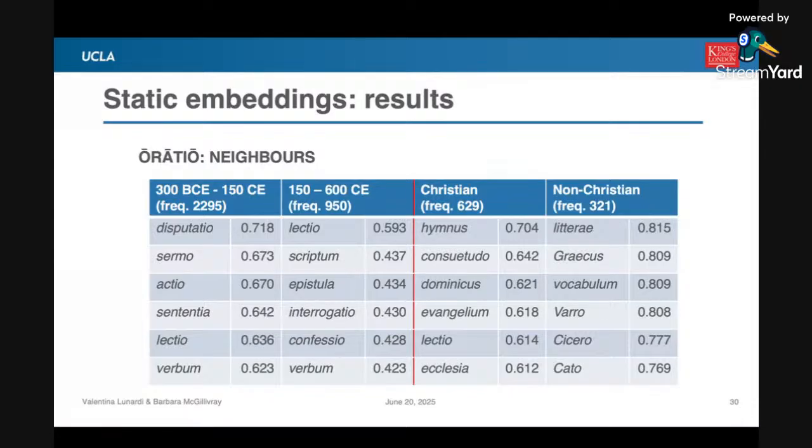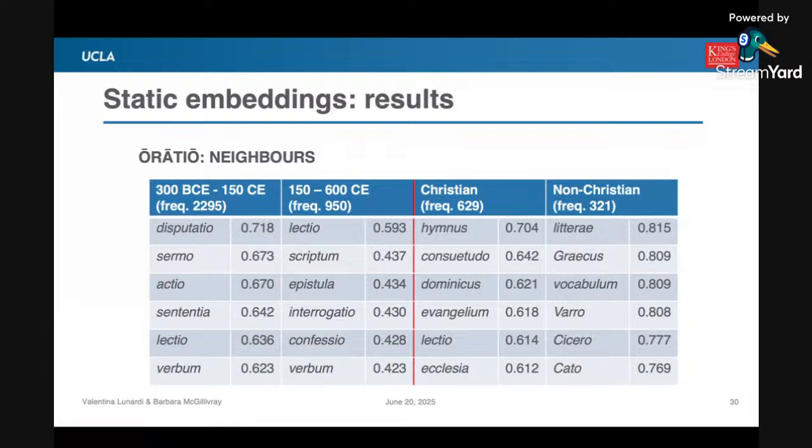And for the second time slice, I think we can see associations with different types, different means of communication, but no clear association with Christianity here, except for confessio. But if we move on to the Christian and non-Christian subcorpora instead, then we can see, for the Christian subcorpus, some association with Christianity, but not necessarily with prayer, I don't think.